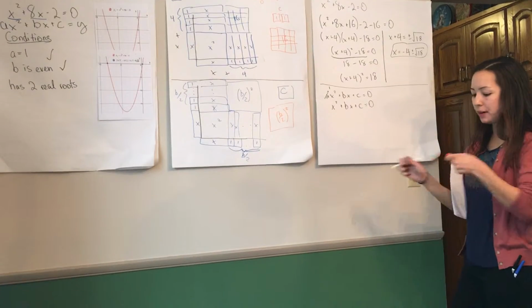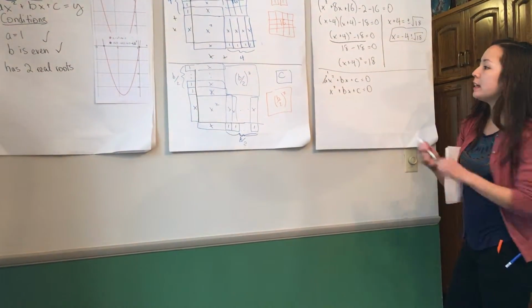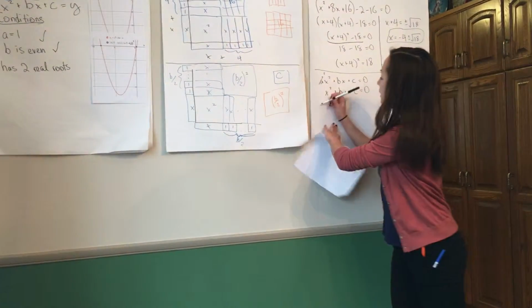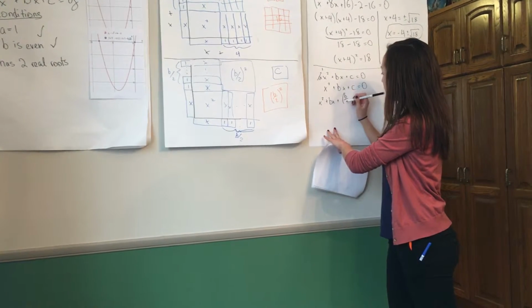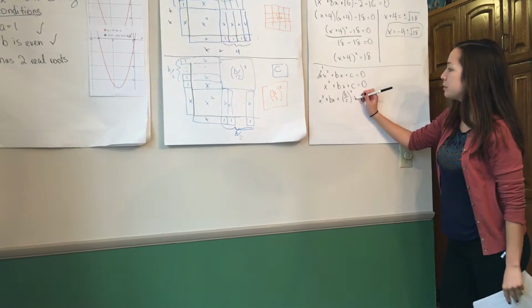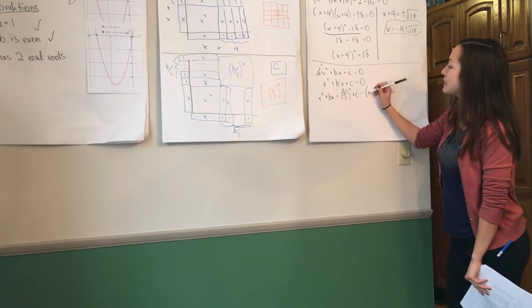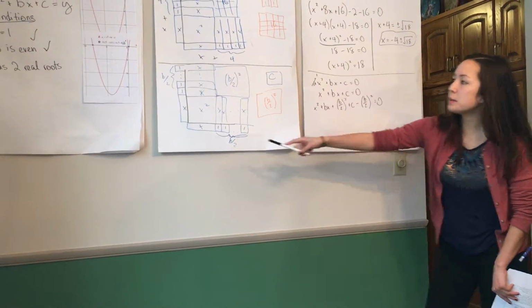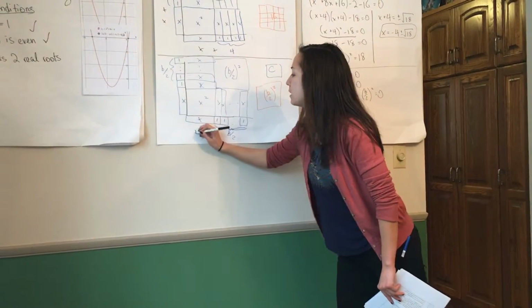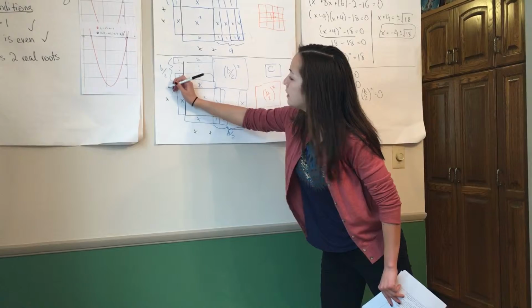So what does that look like for our equation? We have x squared plus bx plus (b over 2) squared plus c minus (b over 2) squared equals 0. And just as before, when we're multiplying a square, you're multiplying the two sides.